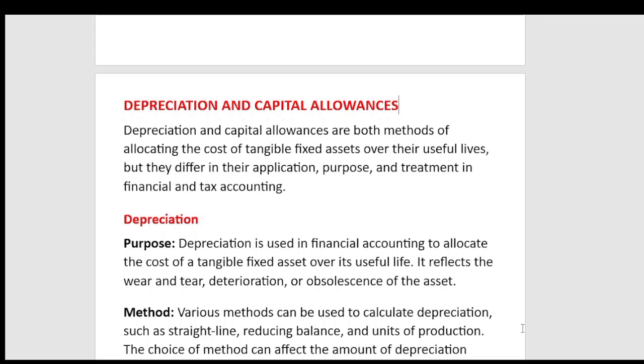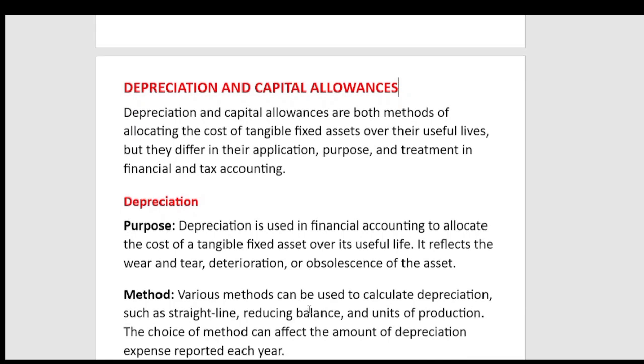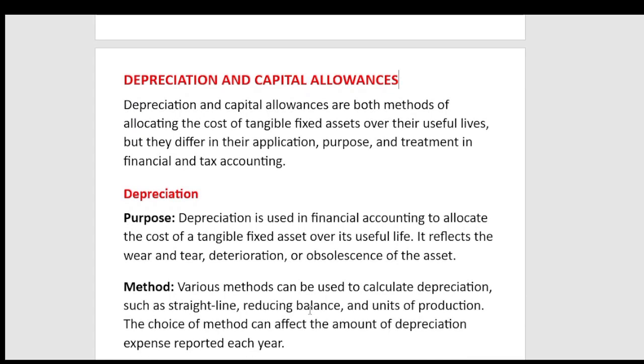Depreciation is used in financial accounting. So just know this. Now let's go to the method. Various methods can be used to allocate depreciation, such as the straight line method, reducing balance method, and unit of production. The choice of method can affect the amount of depreciation expense reported each year.